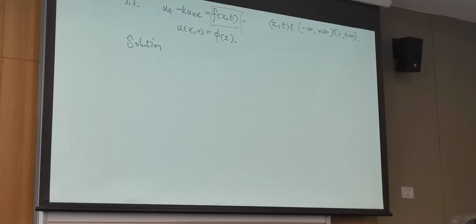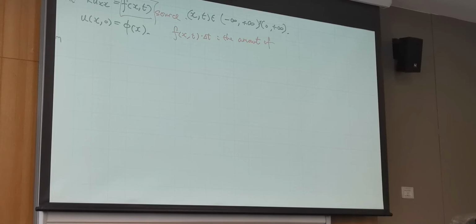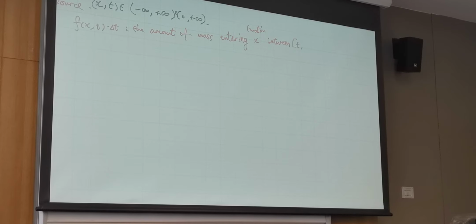We also interpreted that f(x,t) multiplied by delta t can be interpreted as the amount of material or mass, or heat, entering location x between t and t plus delta t.